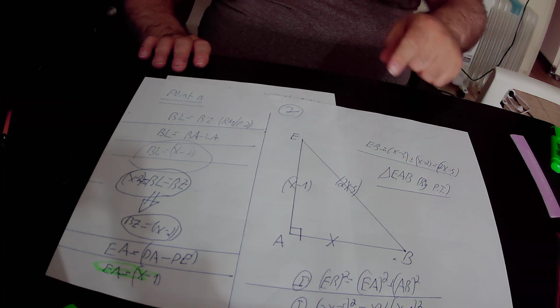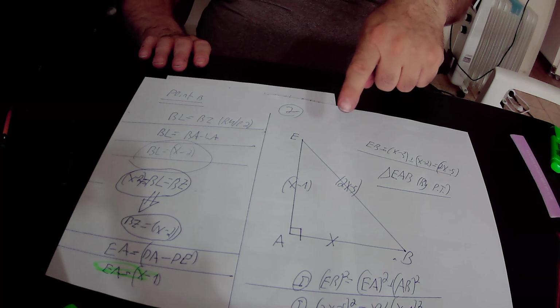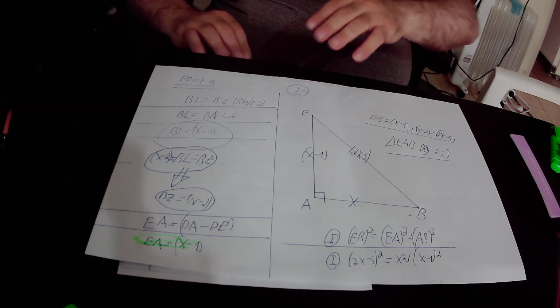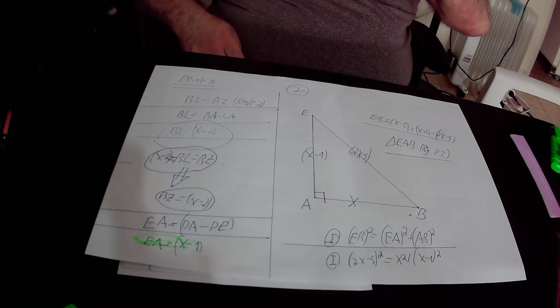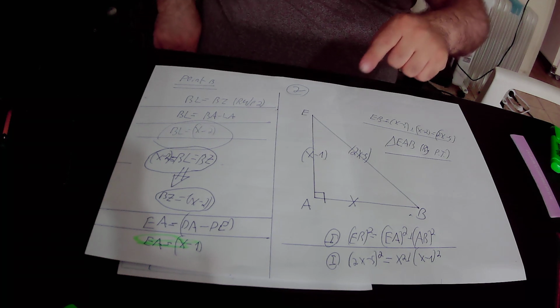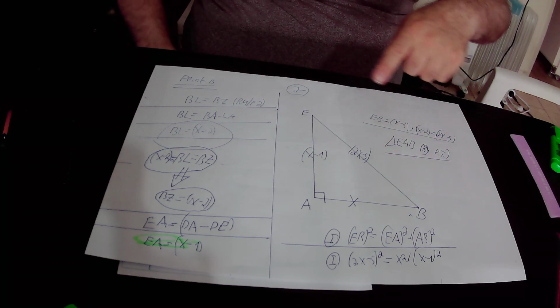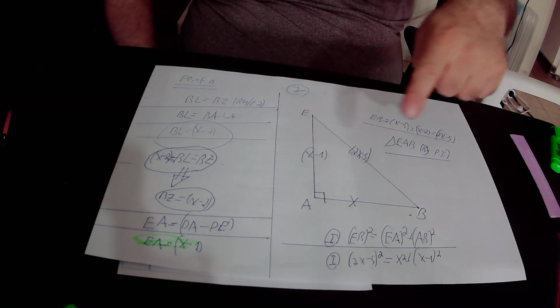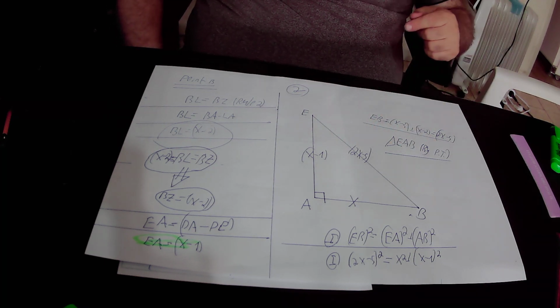Okay, then we implemented the Pythagoras theorem on this right triangle, triangle EAB. According to the Pythagoras theorem, the square of the hypotenuse equals the sum of the squares of the perpendiculars. The hypotenuse is EB, so EB square must be equal to EA square plus AB square.